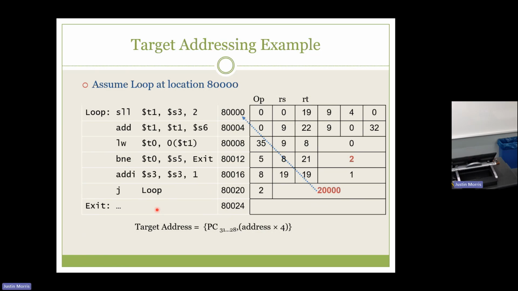And then we need to replace the bottom 28 bits with what we put here times 4. So we need 80,000, so let's divide 80,000 by 4, because we know that we're going to multiply it by 4. And we put 20,000 here. And then when we append these zeros, it doesn't change it anymore. Right?